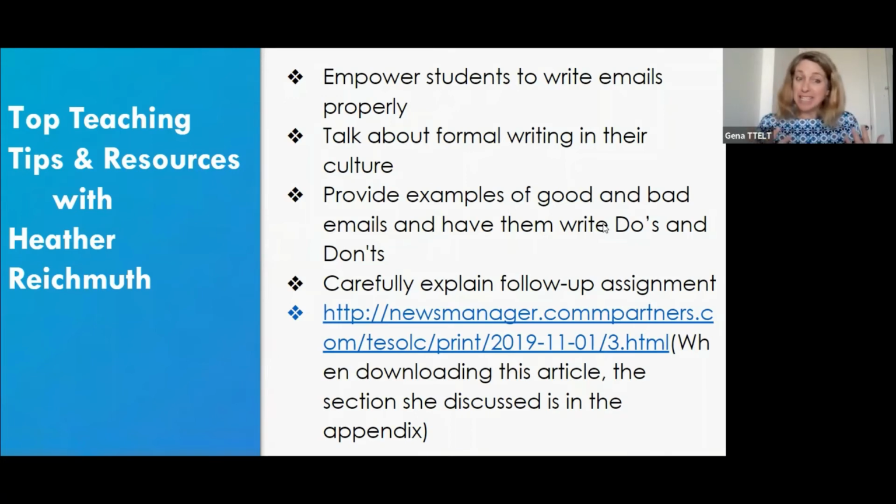So instead of complaining that they don't know how, it's our job as their teachers to give them the tools so that they can learn how to properly write the emails and write them the way we would like them to write, so that not only while they're a student, they're writing them properly, but also when they go out into the world, whether they're writing it in English or even in some other languages, having those skills for writing email in a professional way is a great skill to teach your students, and they'll take that with them throughout their lives.